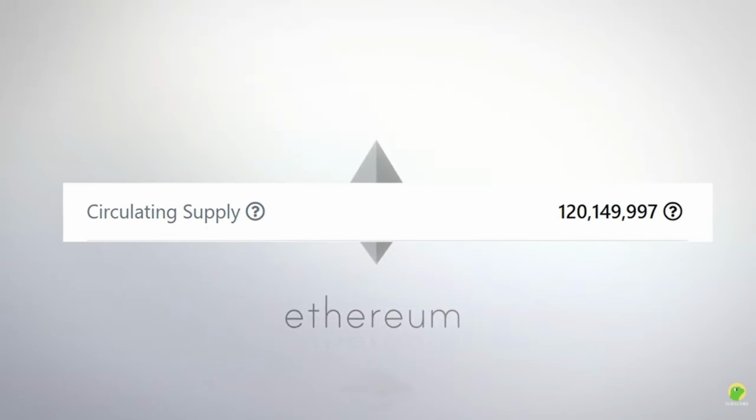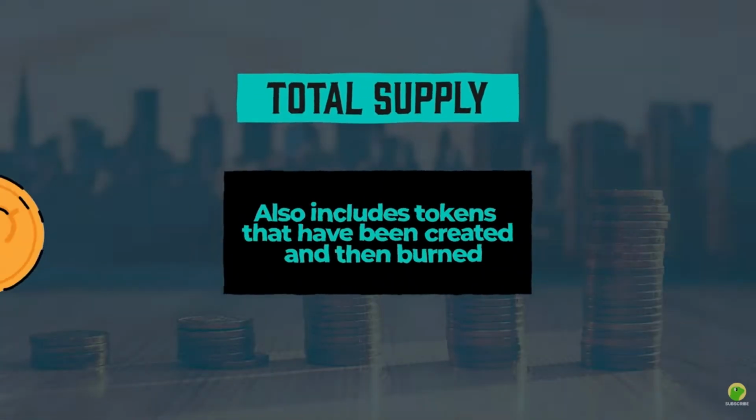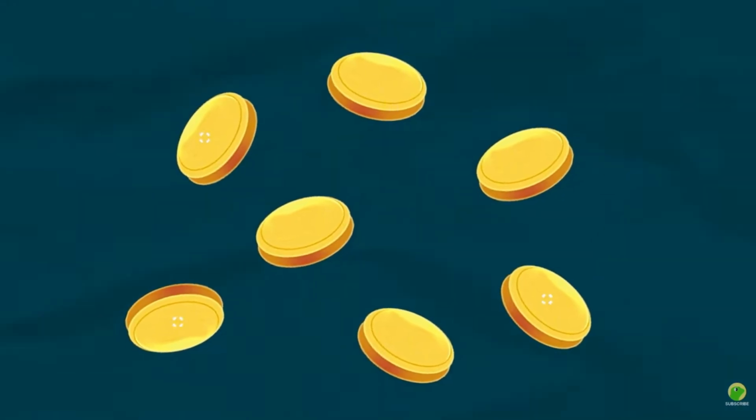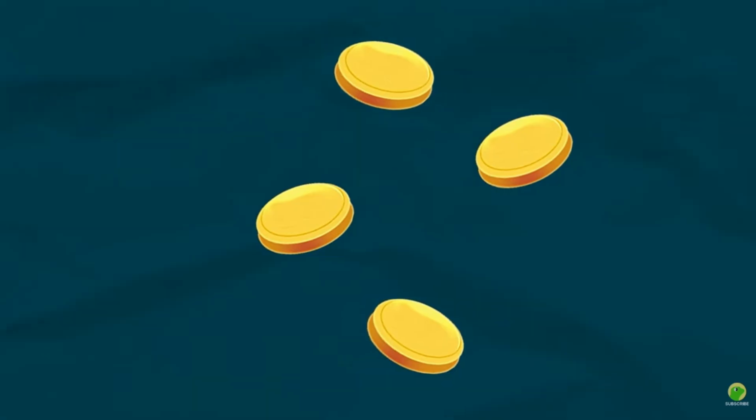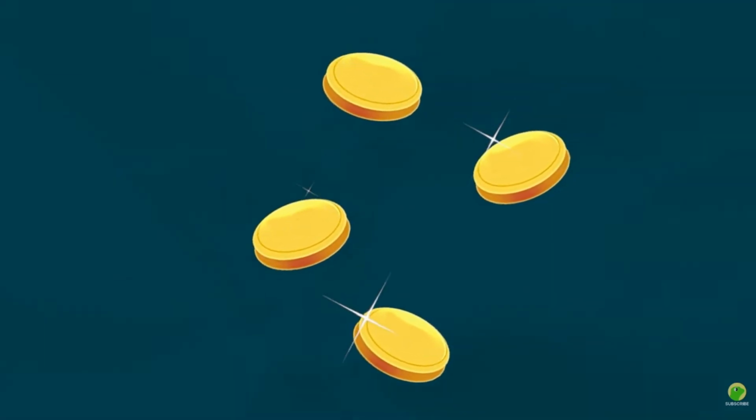Currently, there are over 120 million Ethereum coins in circulation. This is an indicator that Ether is actively being mined. The total supply, on the other hand, also includes any tokens that have been created and then burned. So burning in crypto is used to describe the act of permanently removing tokens from circulation, making the remaining tokens in circulation become more scarce.